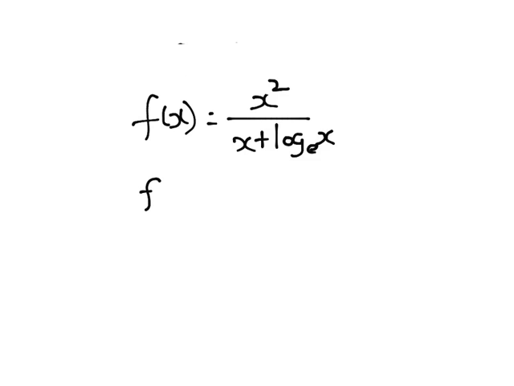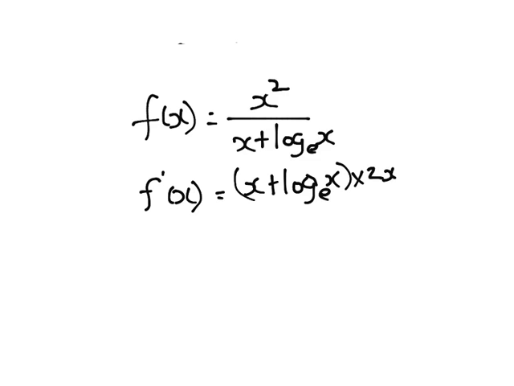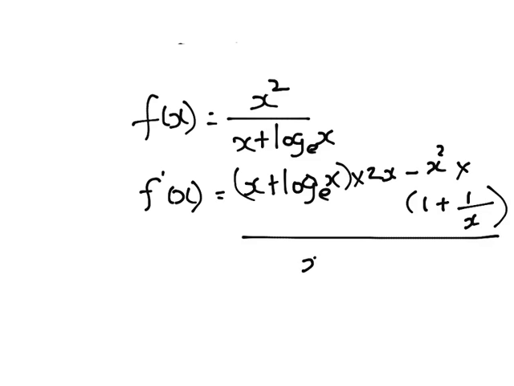Now f dash of x equals, I will multiply the denominator, which is x plus log x to the base e, with the derivative of the numerator, which is 2x, minus the numerator, which is x squared, multiplied with the derivative of the denominator, which is 1 plus 1 by x, whole divided by x plus log x to the base e, the whole square. And of course, you can further simplify it and get the final answer.